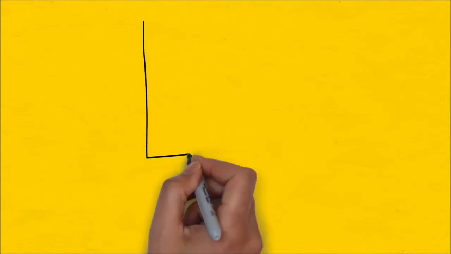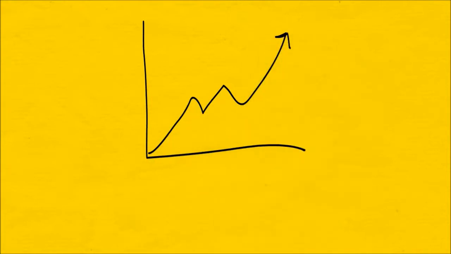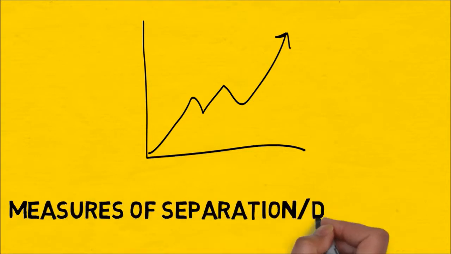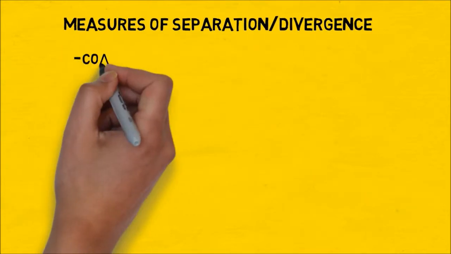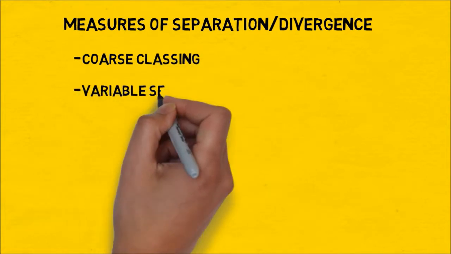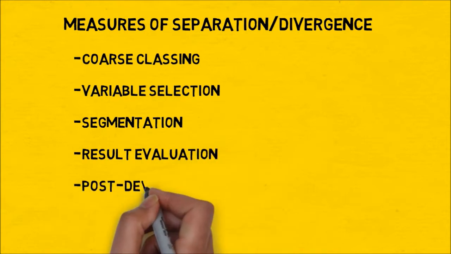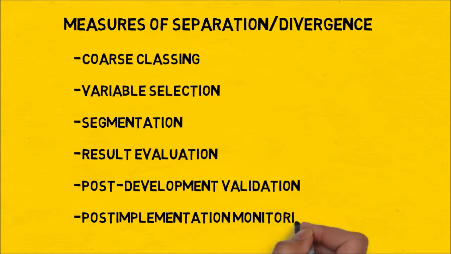Now that you're curious about credit scoring, you may wonder, how are movements in credit scores measured? These tools are called measures of separation or measures of divergence. They are used to determine differences in data distribution during course classing, variable selection, segmentation, result evaluation, post-development validation, or post-implementation monitoring, some of which are part of the credit scorecard development process.